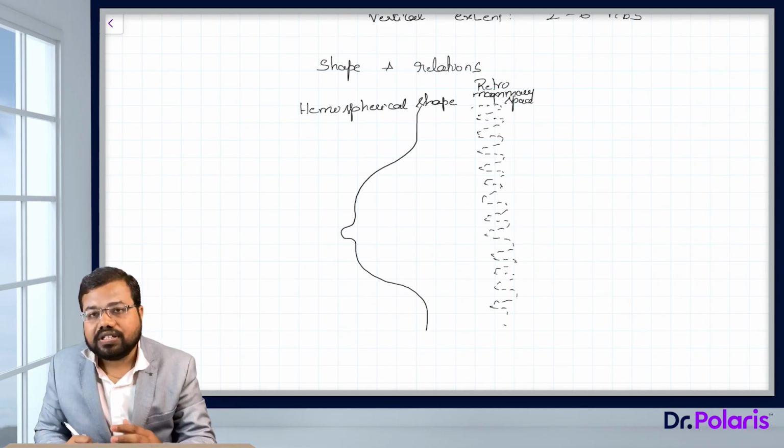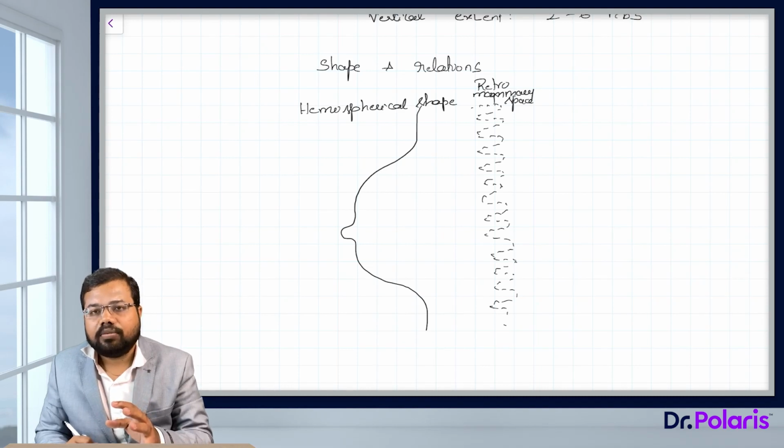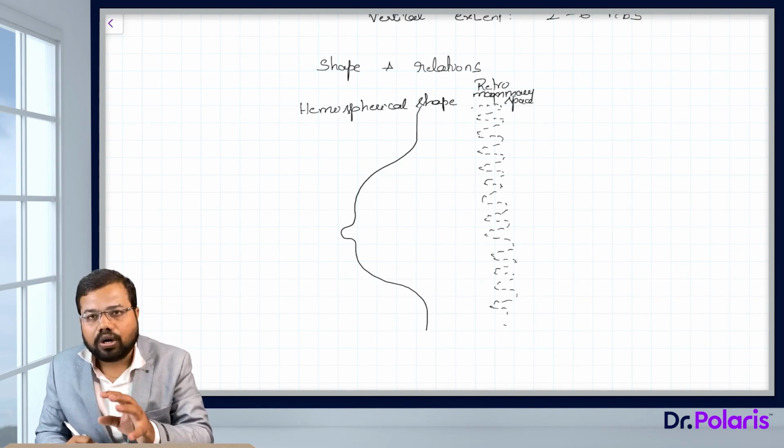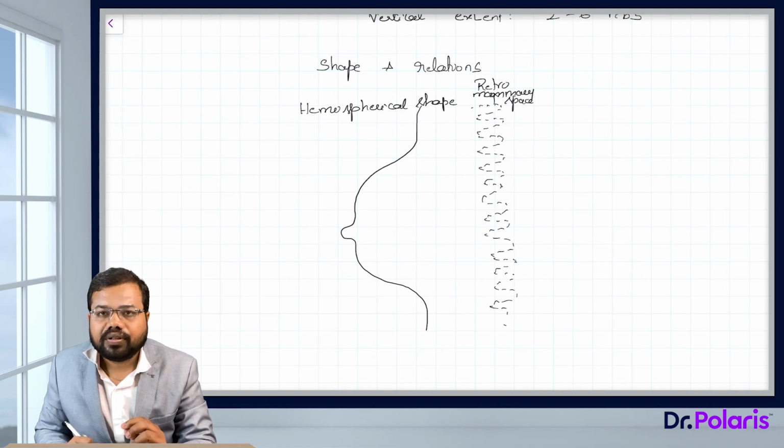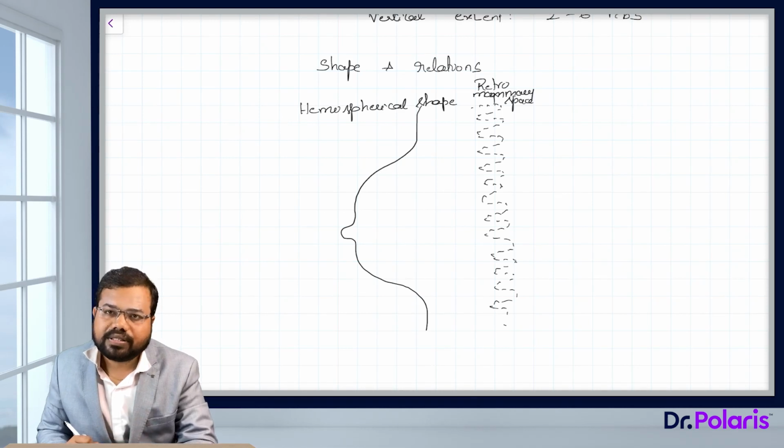What is the importance of this retromammary space? It's actually a fat accumulation in the retromammary space. Over this retromammary space, the breast will move up and down and also side to side. Okay, so the slight movement of the breast takes place over the retromammary space.